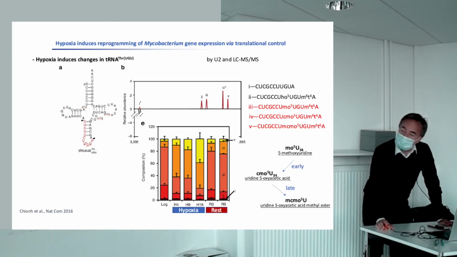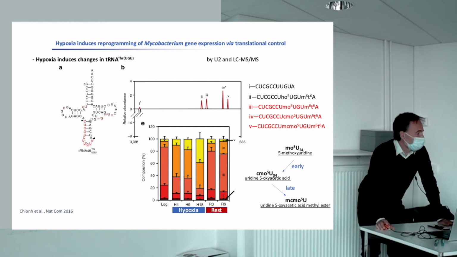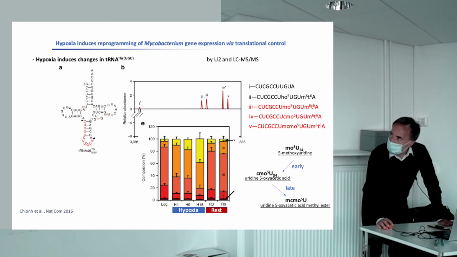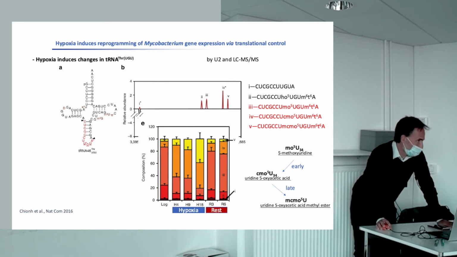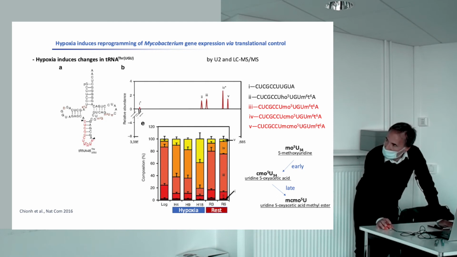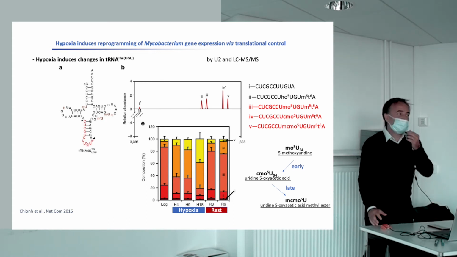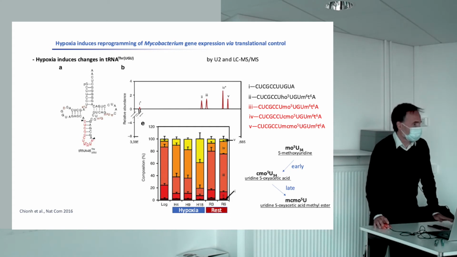So they have done more experiments and they start to look more carefully into the threonyl tRNA. And in this case, they isolated threonyl tRNA and then they treated the threonyl tRNA with nucleases, so to produce fragments that can be analyzed by mass spectrometry to determine the presence or absence of modification in the different parts of the tRNA. And in this case, again, you have a normal normoxic condition and then different days after hypoxic stress.